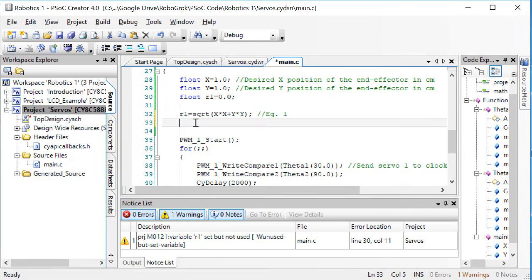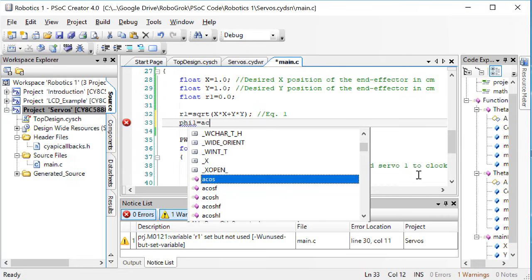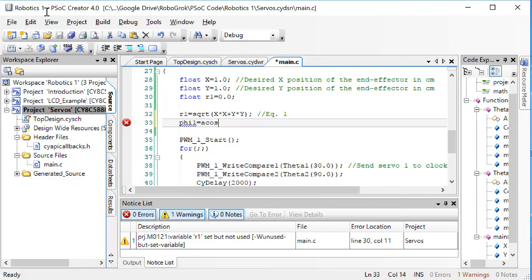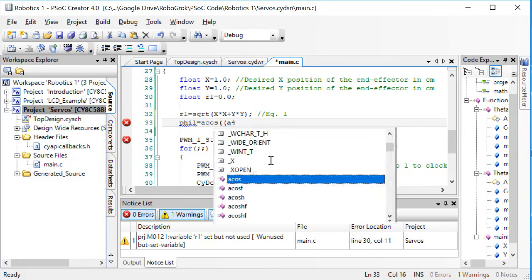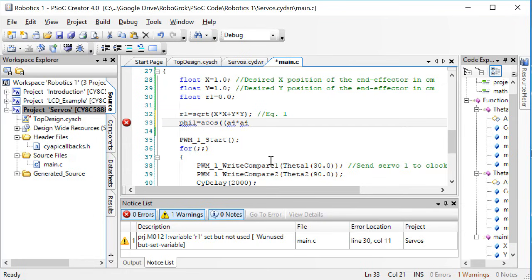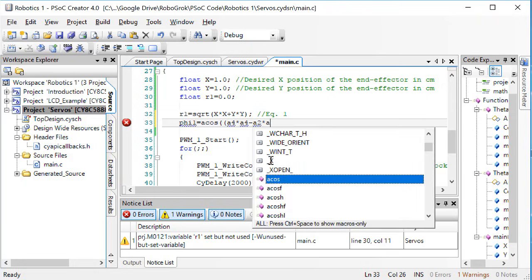Equation 2 calculates the value of phi1. We have to use the arc cosine, and thankfully that's a function built into the math library. It is acos. We're taking the arc cosine of a4 squared minus a2 squared.